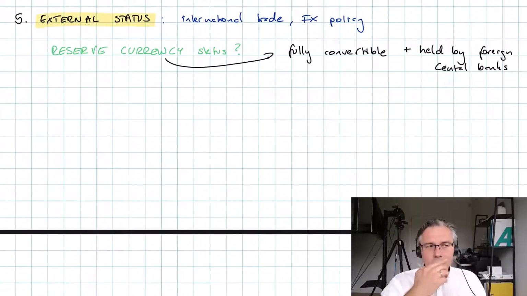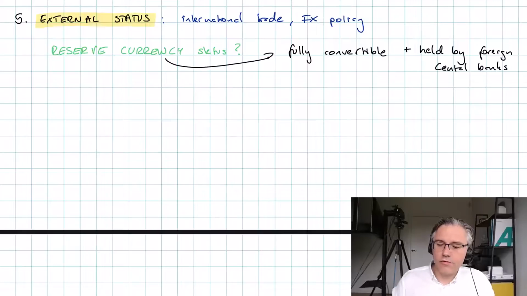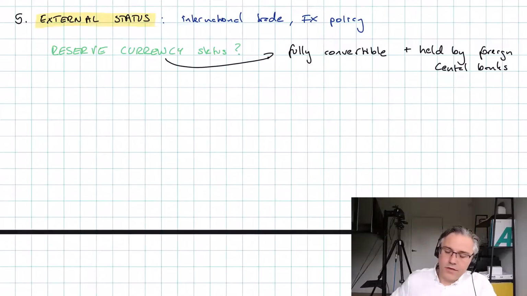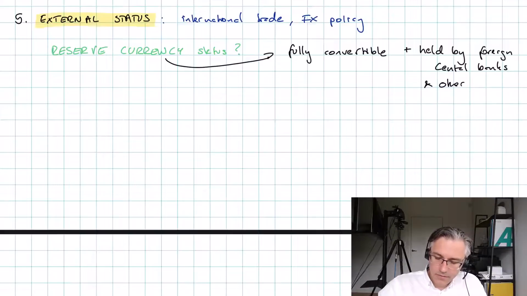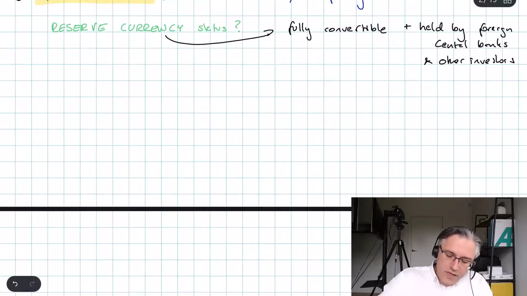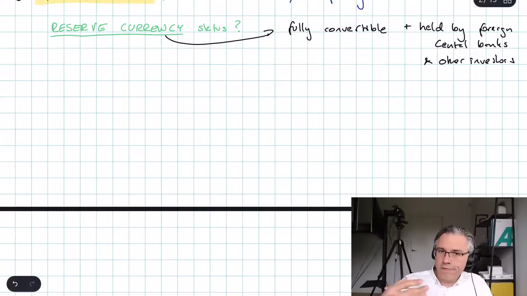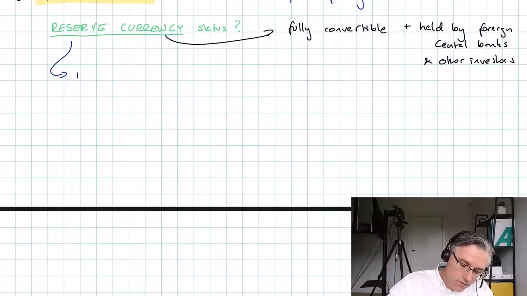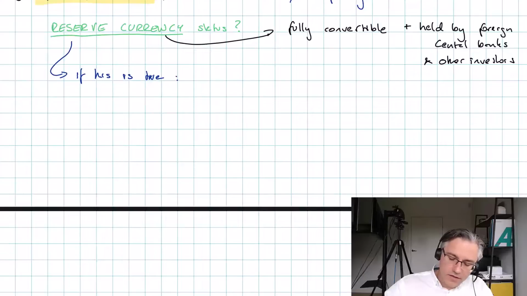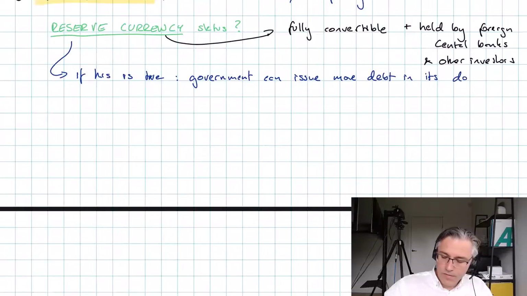And typically it's the currencies of those countries who are big in terms of international trade that are held as reserve currency at the central bank, held by foreign central banks and other investors as well, like funds, etc. And if your currency is indeed a reserve currency for others, well, from that comes the benefit that the government can definitely issue more debt in its own domestic currency.